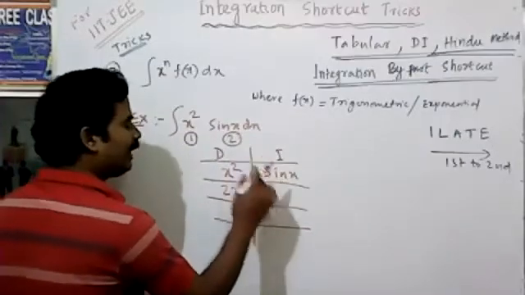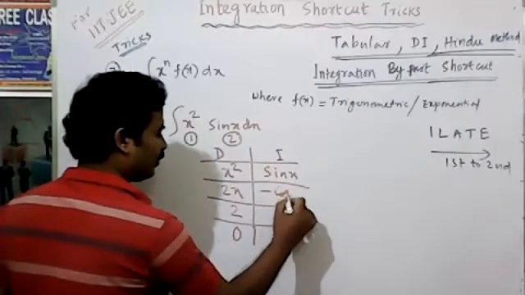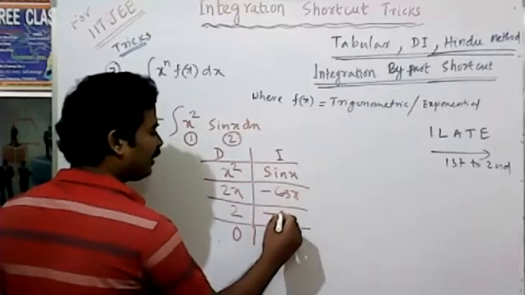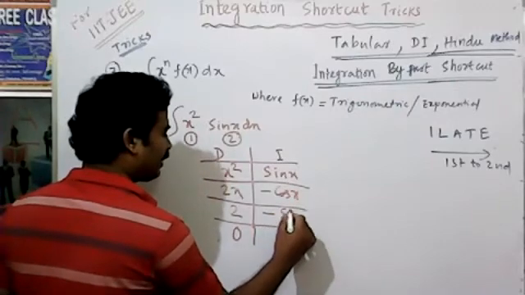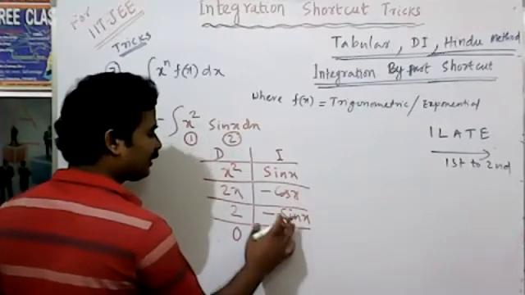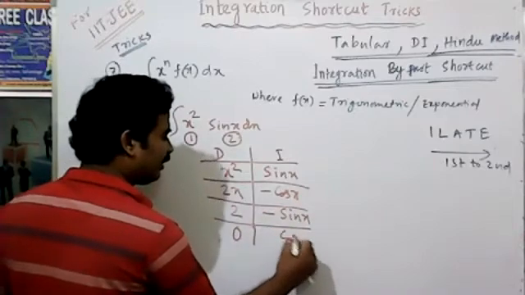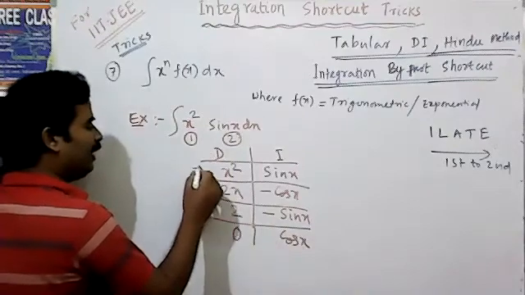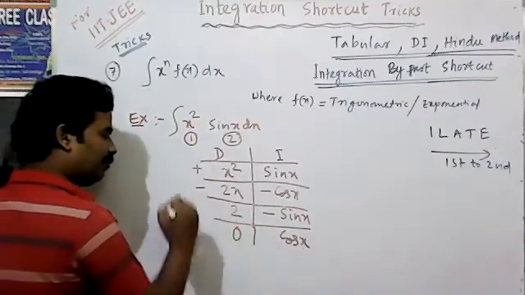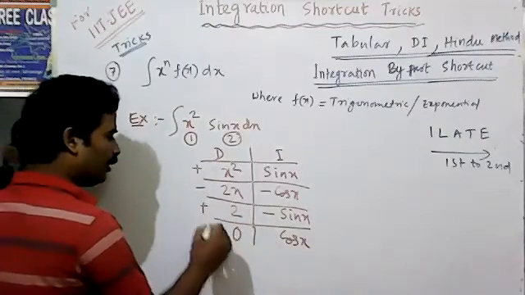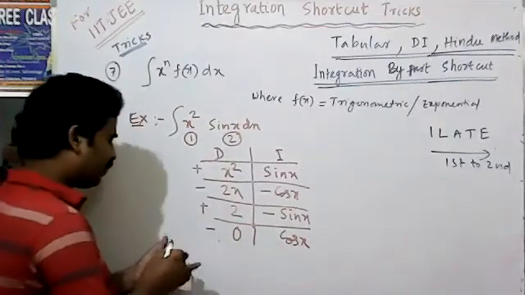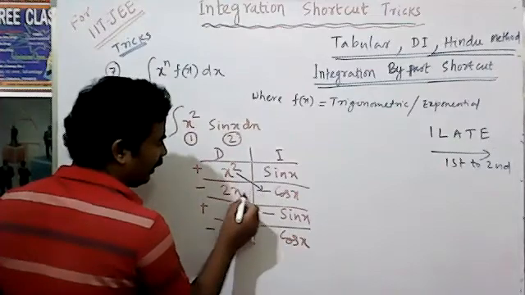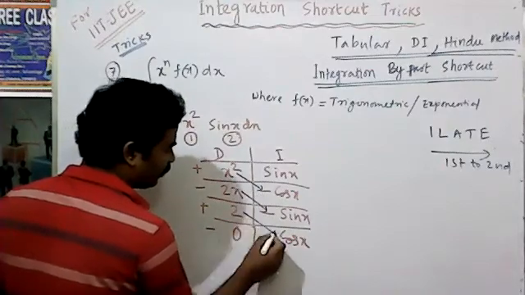Now the integration of sin x is minus cos x. Then the integration of minus cos x is minus sin x. Then the integration of sin x is cos x. On the left side you put plus, then minus, then plus, then minus. Here you think about the multiplication. In this way the result comes.